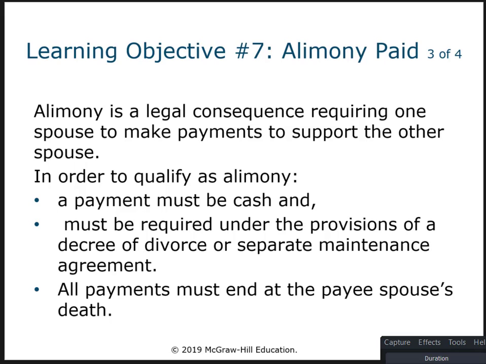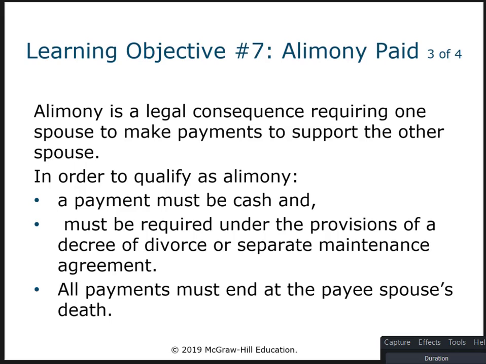And the payments have to end with the payee spouse's death. And that's kind of a weird one there, but it has to end at the death. So if I'm making alimony payments and at the point that my ex-spouse passes away, I no longer have to make those payments. Okay? If there's no mention of that, then it's not alimony.